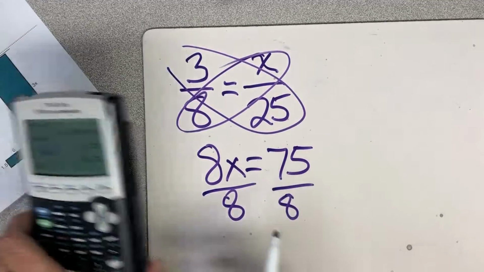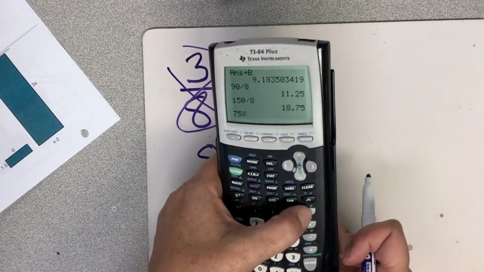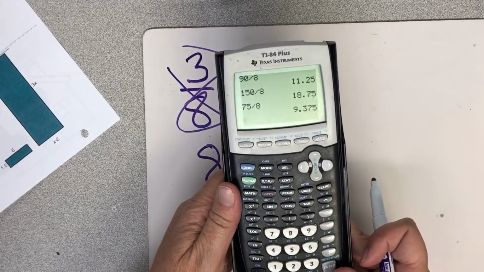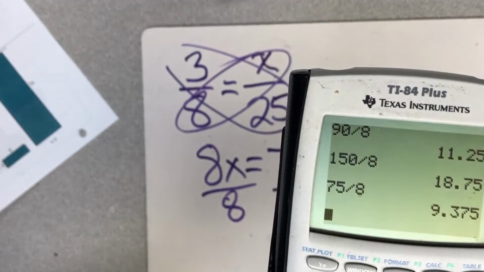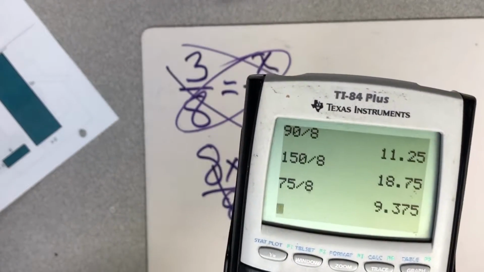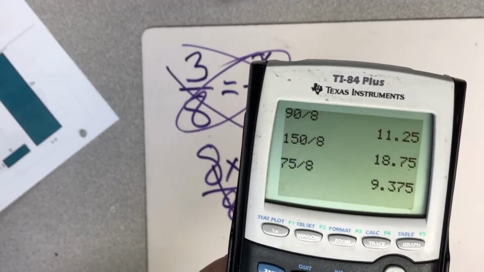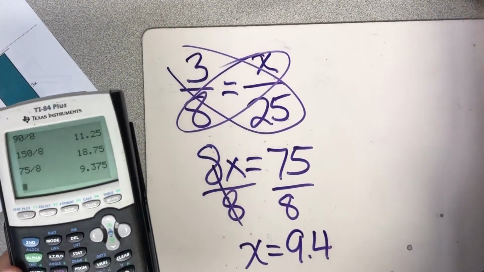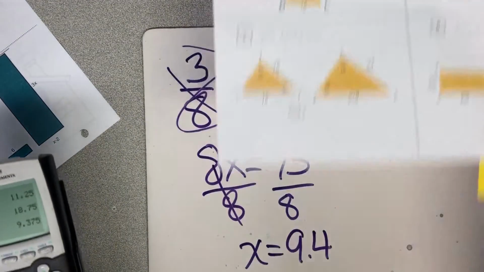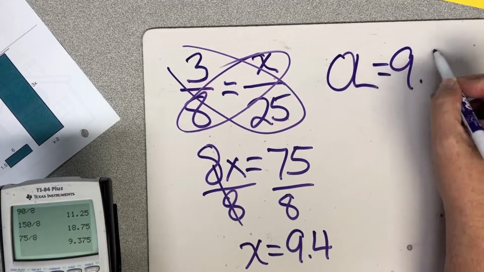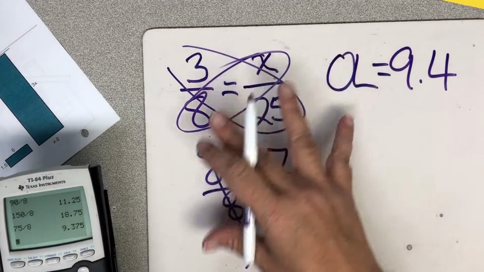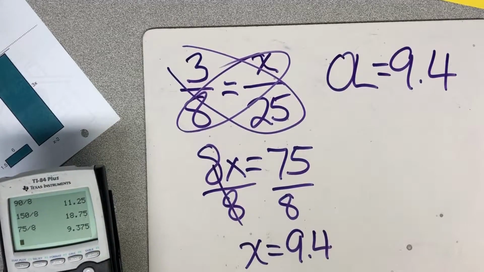I said you could use a calculator. That gets me 9.375, and if I'm rounding to the nearest tenth, that gets me 9.4. On your answer paper, you should put OL equals 9.4. And I should be able to see this work on your paper too.